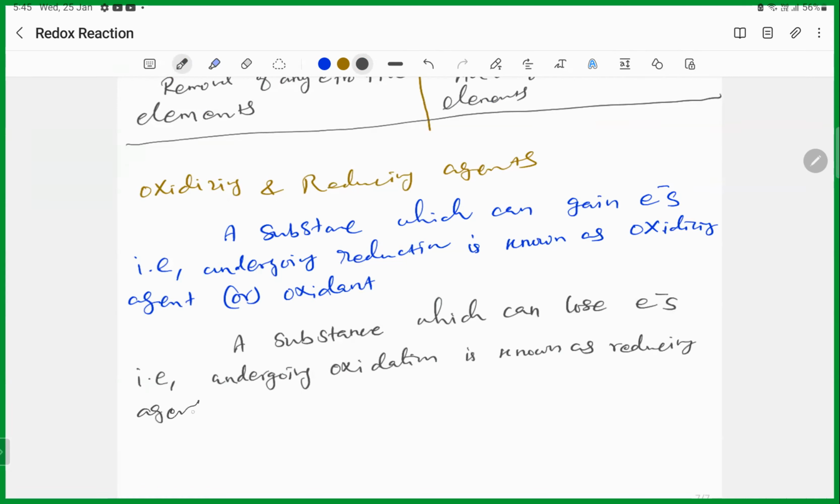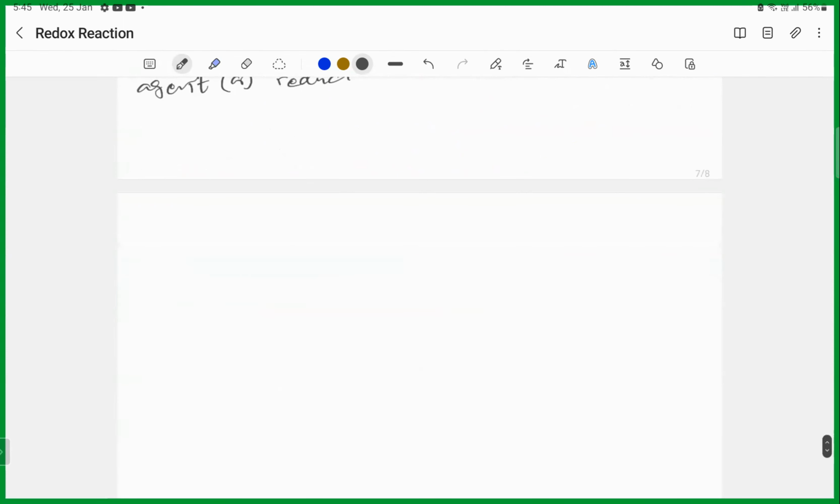Okay, so we can classify oxidizing and reducing agents. Some substances can possess both properties. Based on the condition, it will behave as an oxidizing agent or a reducing agent. So we'll see some examples.